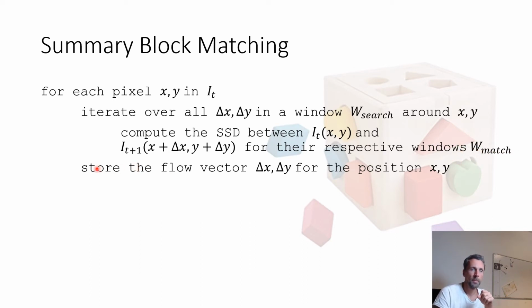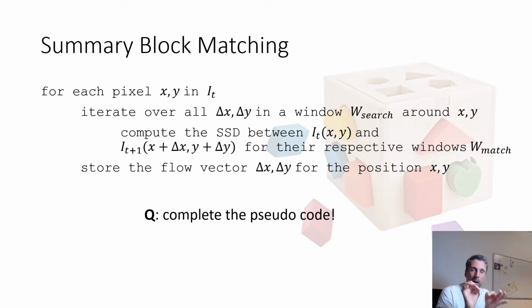So we're not just comparing image brightnesses at these positions. And in the end, we need to store the flow vector delta x and delta y for each of those positions. Now, we'll complete the pseudocode for what kind of delta x and delta y we store.